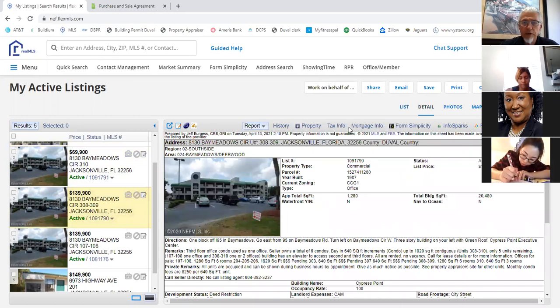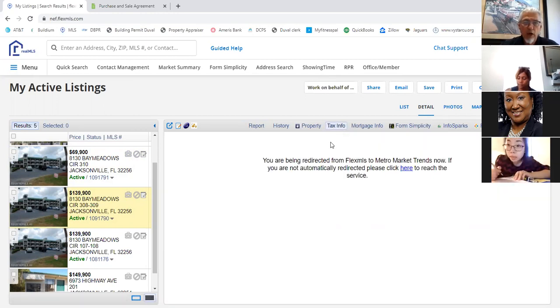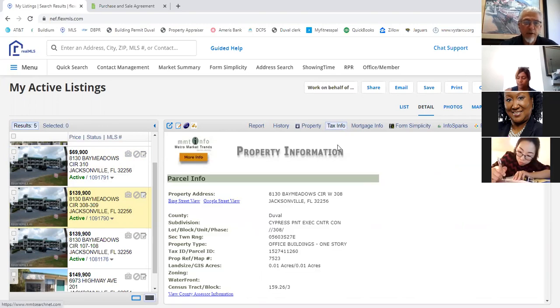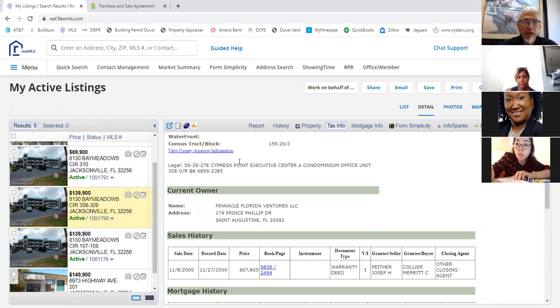Okay, and then I'm going to go to the tax info tab right here at the top, tax info. And when I open that up, this is the easiest place to find it. Okay, you'll see right here, it says legal, and then it has this shorthand legal description. That's all you're going to use on the contract. This is specific to this property.